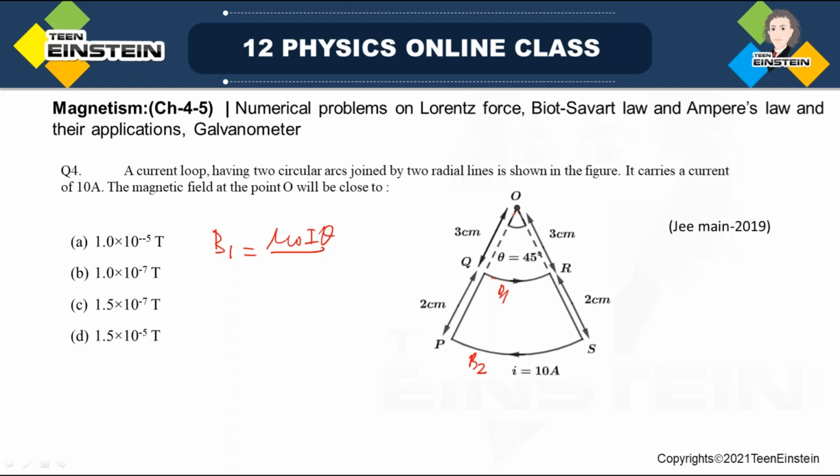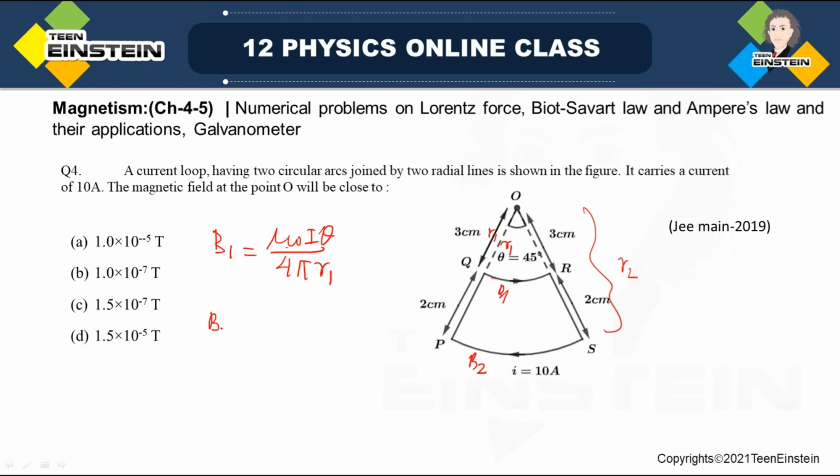So B1 means magnetic field due to this particular arc at the center, which is mu0 I theta by 4 pi r1. Okay, this radius is taken to be r1. Now the whole radius is r2, and since I'm taking this as positive, this I'll be taking as negative. So mu0 I theta by 4 pi r2, similar formula, just the r will be different.